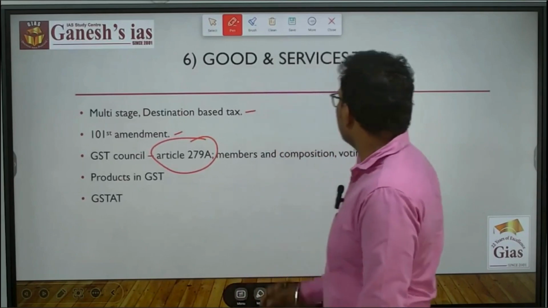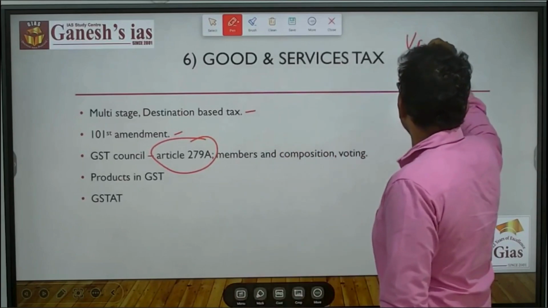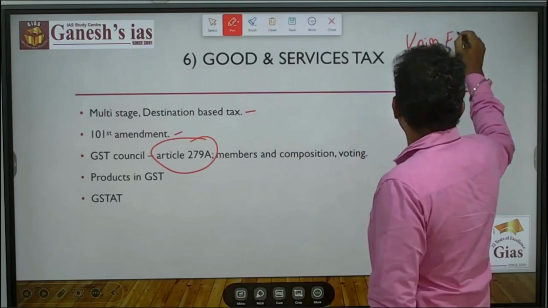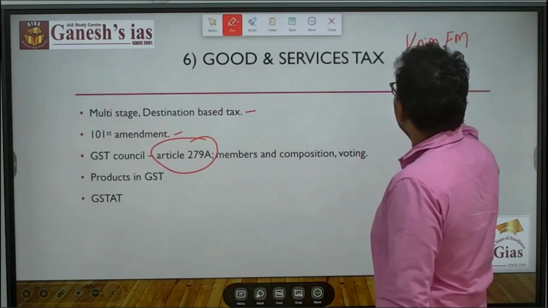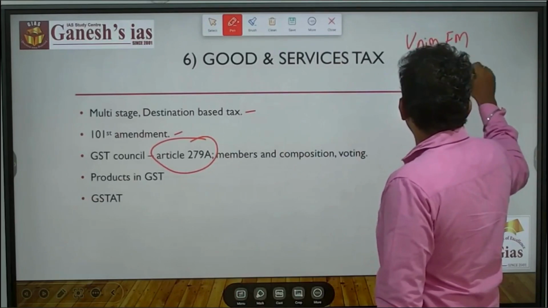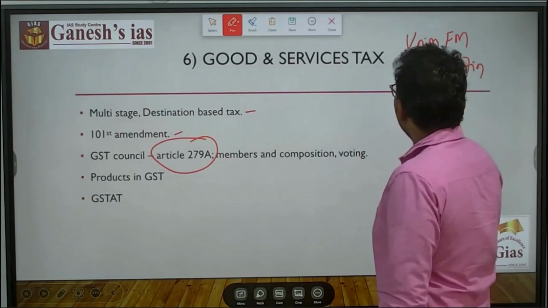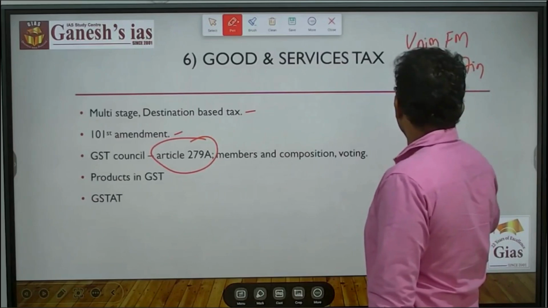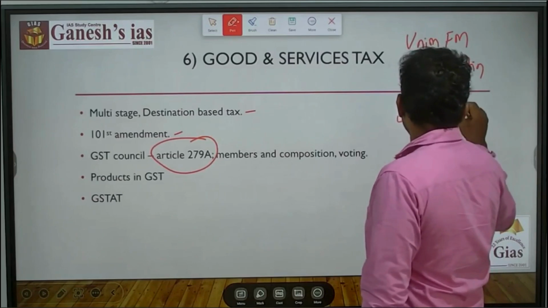Who are the members? Your GST Council has your Union Finance Minister as the chairperson, and you have the Minister of State for Finance, and then you have your state finance ministers.